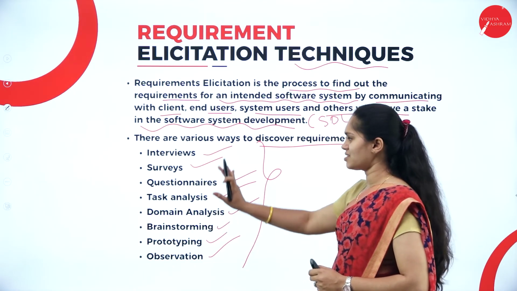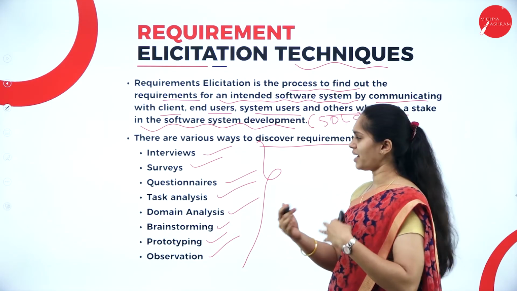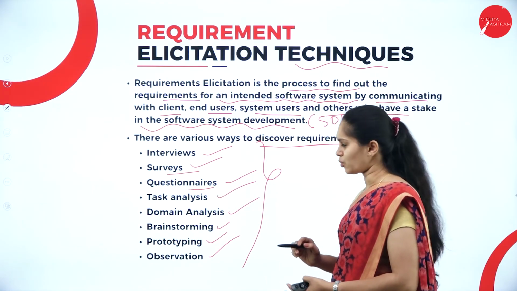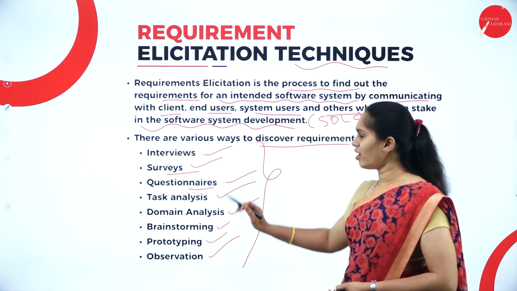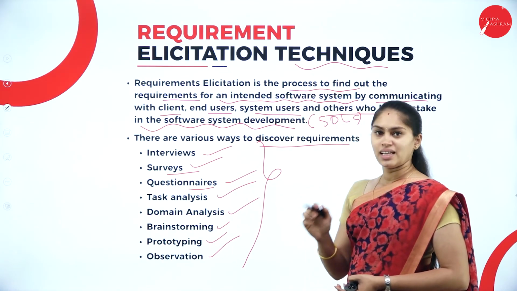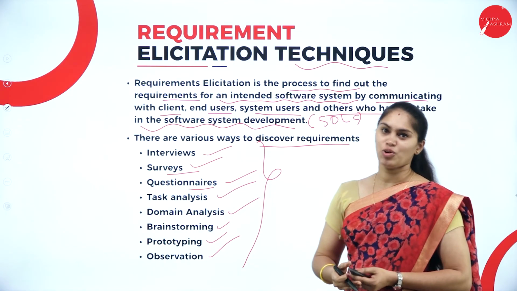Just by looking at these words, you can understand: interviews, how can I get a requirement by interacting with the people; surveys and questionnaires, by asking questions. Let me discuss all these ways of collecting requirements in the requirement elicitation process in my coming session. I hope you all understood.